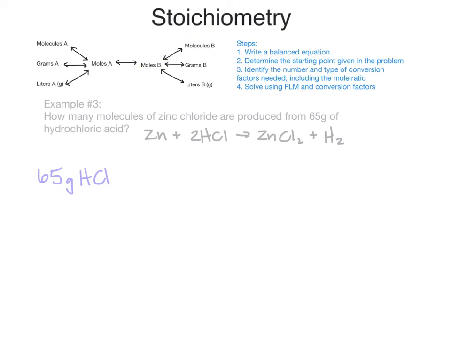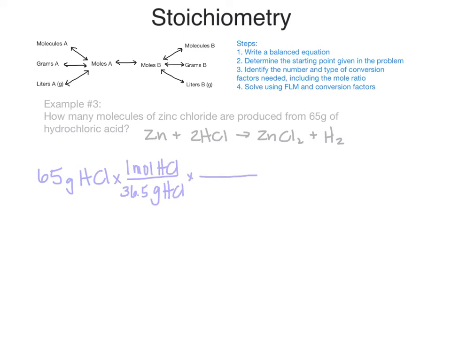So I can start at grams and quite easily convert to molecules. So my hydrochloric acid is going to be my A, and my zinc chloride is going to be my B. So I'm starting with a reactant. I know how much of a certain reactant I have, and I want to know how much product that's going to produce. So using my factor label method, start with what I'm given.